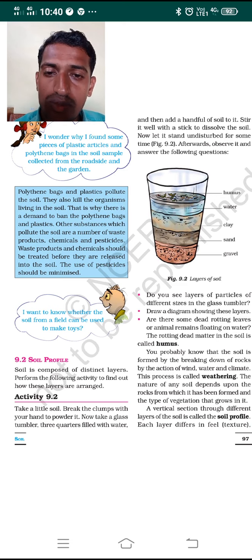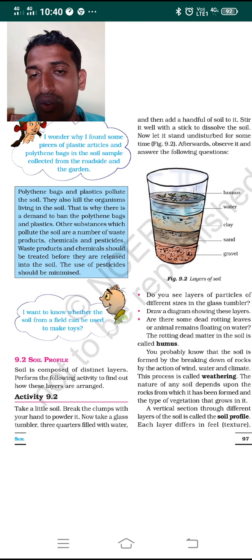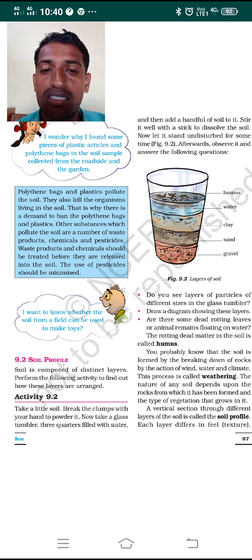Some other substances which pollute the soil are a number of waste products. There are many waste products which are thrown into the soil, and even chemicals and pesticides. Chemicals and pesticides are also released into the soil. That also causes the living organisms to die. They do a lot of harm by using chemicals, fertilizers or pesticides.